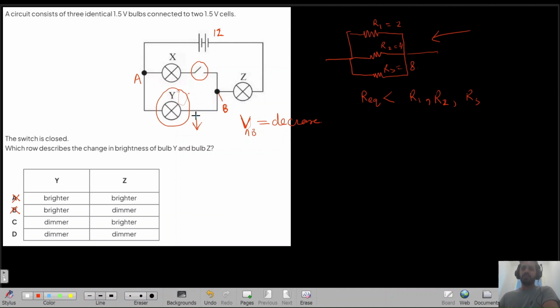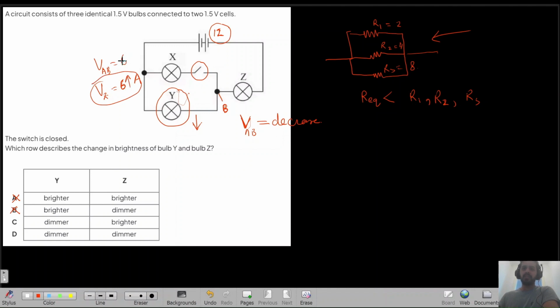So if, for example, 6 volts is dropping between A and B, if VAB is 6 volts, the rest of the 6 volts out of these 12 volts will drop across the resistor Z, right? Now, after closing the switch, like I said, the voltage drop between A and B will decrease. That tells you that the voltage across Z should increase by the same amount, right?